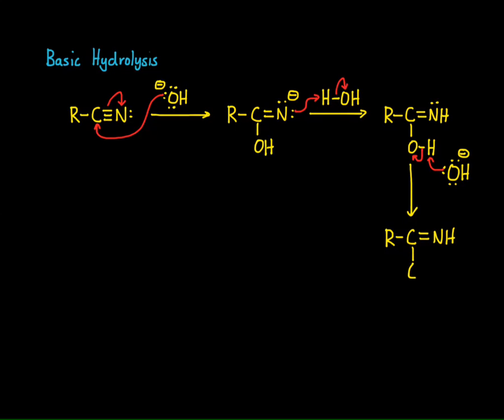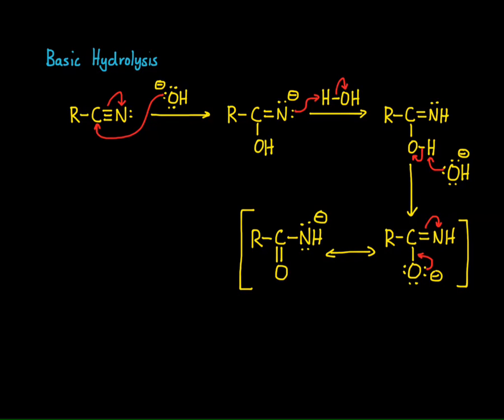And notice I generate a species where the oxygen has a negative charge, but I can think about a resonance structure of this intermediate in which I donate a pair of electrons from the oxygen down to form a carbon-oxygen pi bond, and then the electrons from the carbon-nitrogen pi bond go to the nitrogen. And the result of this is, notice I'm forming the carbonyl, and now the nitrogen has a negative charge, and if I simply protonate that with water, I generate an amide, right?